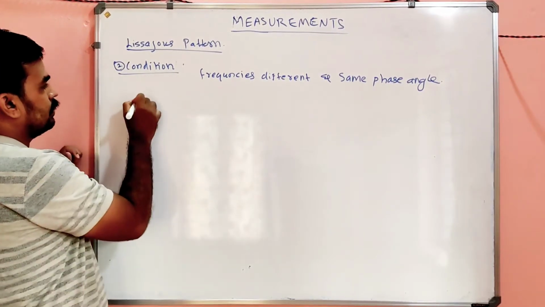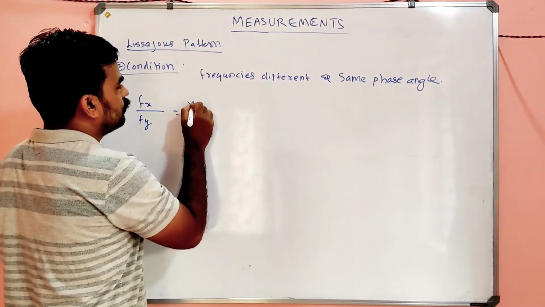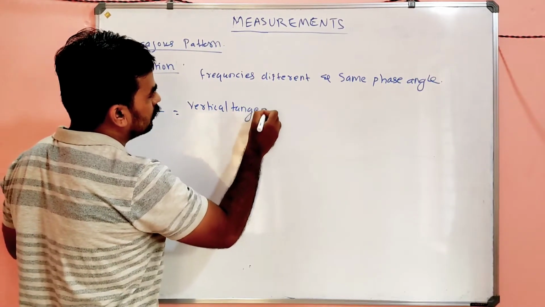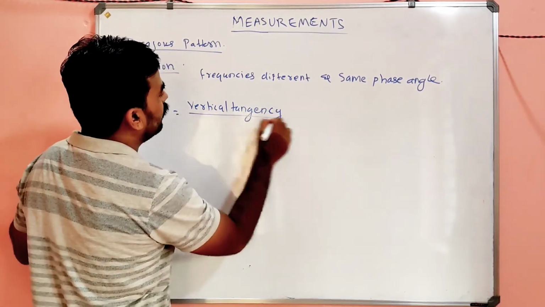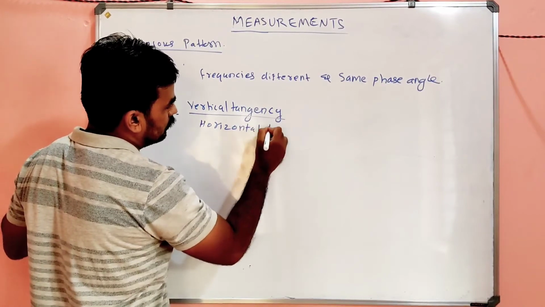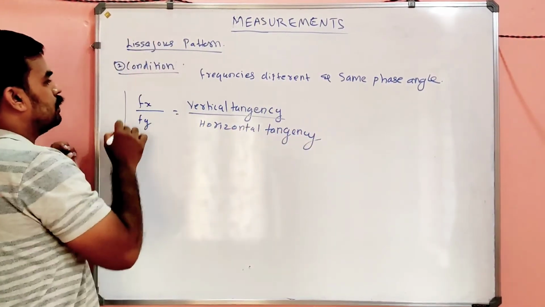That is fx by fy is equal to vertical tangency by horizontal tangency. I will explain what it is.